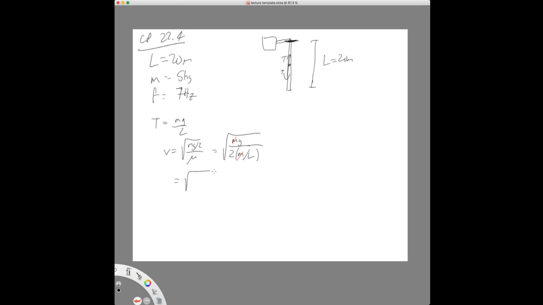So that's going to be the square root of LG over 2, just doing the algebra first before I plug numbers in. And that is 20 times 9.8 over 2. So I'm getting about 9.9 meters per second for the velocity.